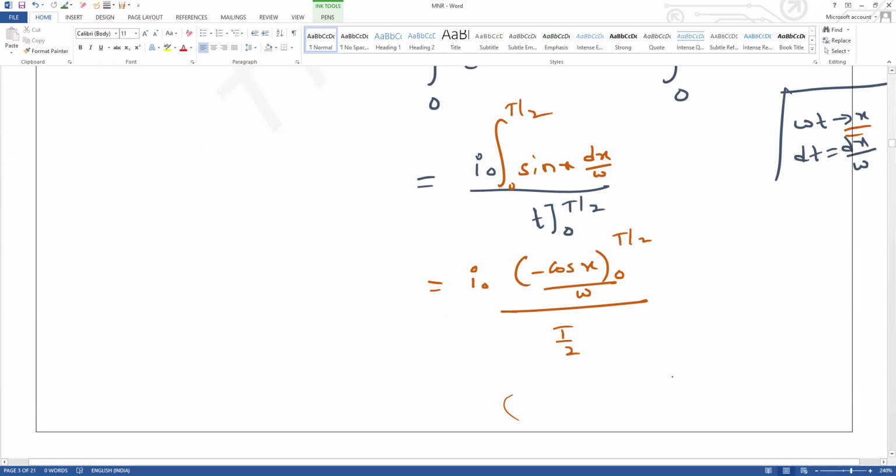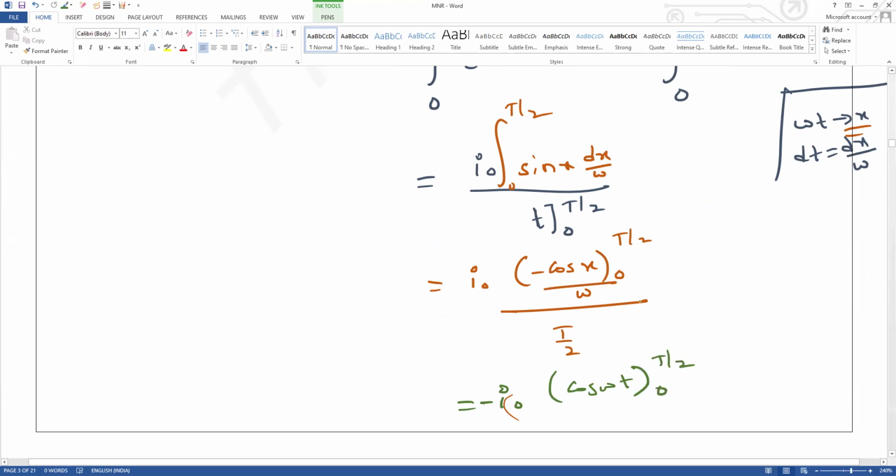That's all. Now all of you notice it. This will become I naught into minus, which I will take out. So minus I naught over cos omega t, from 0 to T by 2, divided by T by 2 for the half cycle. Is it okay, guys?